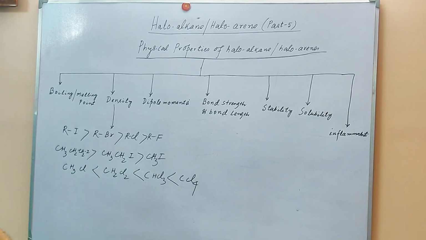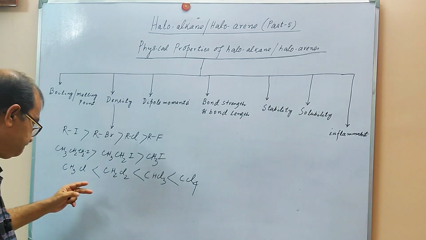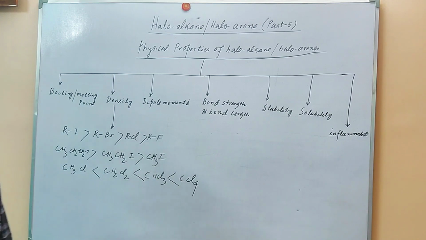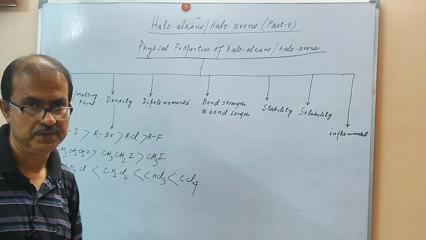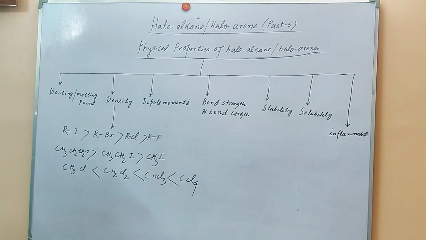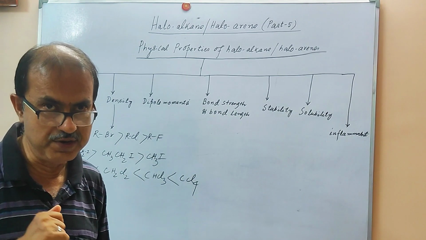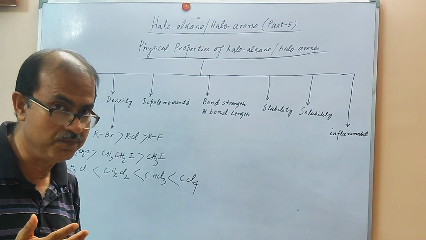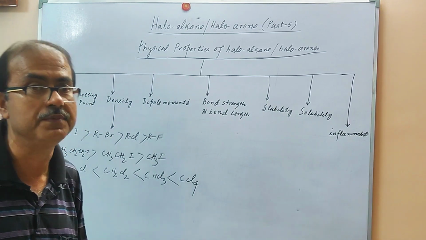So density goes on increasing, and CCl4 has the highest density. Okay, so we understand how density is impacted by changing the halogen atoms and by changing the chain.